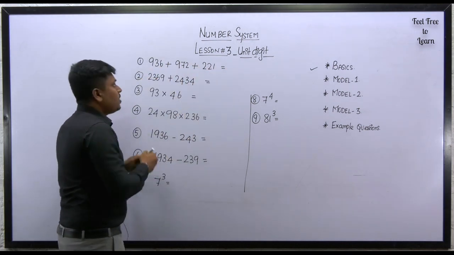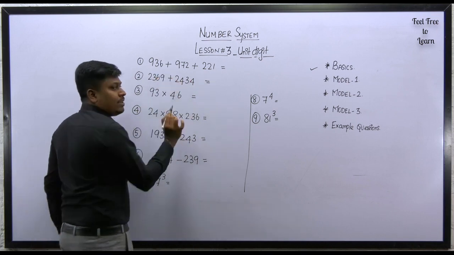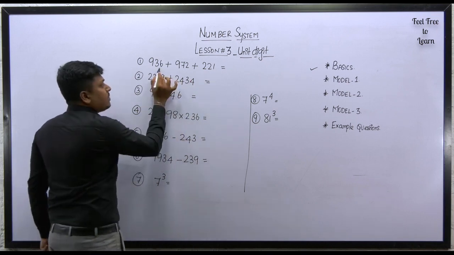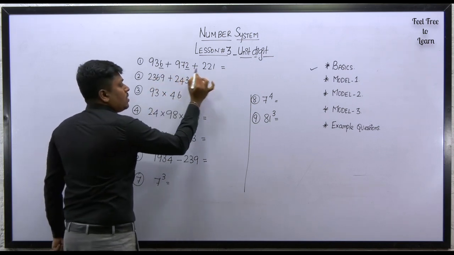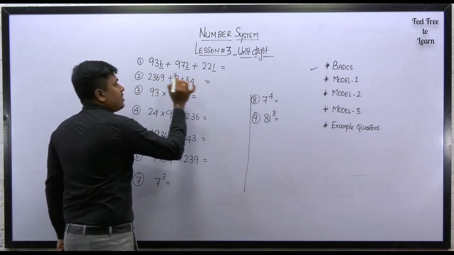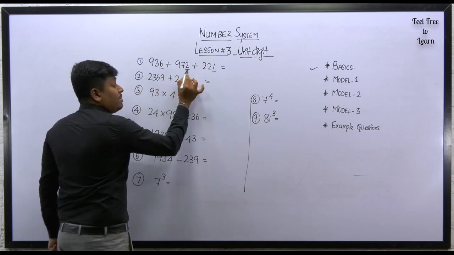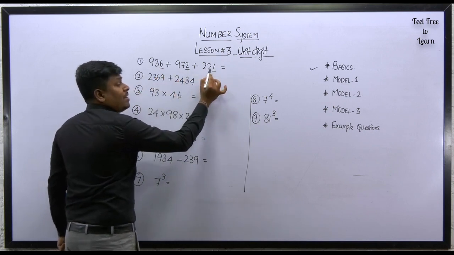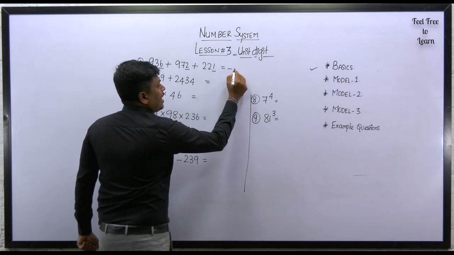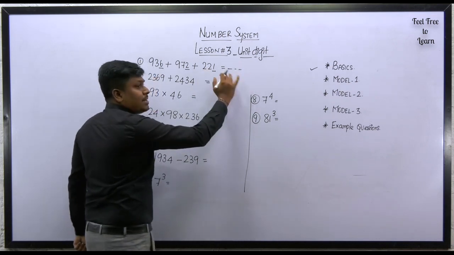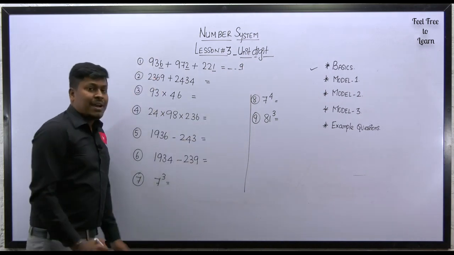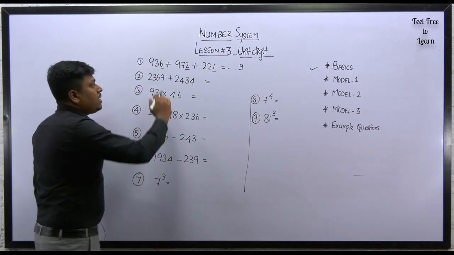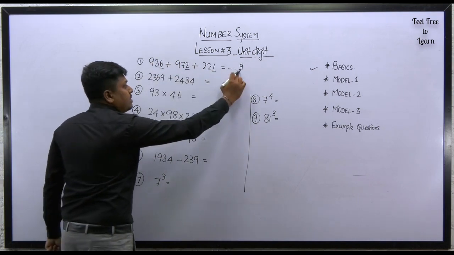It is better to add only the last digit of all the numbers. The last digit of 936 is 6, the last digit of 972 is 2, and the last digit of 221 is 1. So 6 plus 2 will be 8, 8 plus 1 will be 9. The final answer can be any number, but its last digit will be 9. So the unit digit of this final answer is 9.